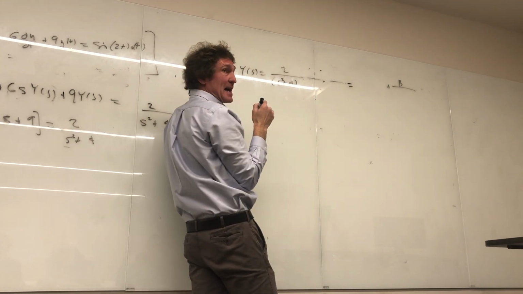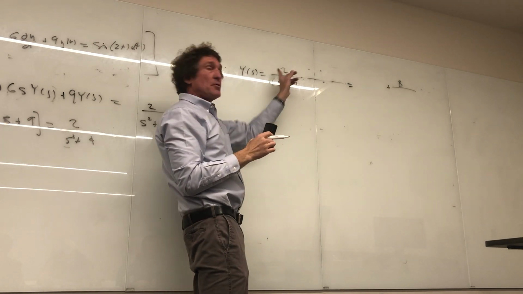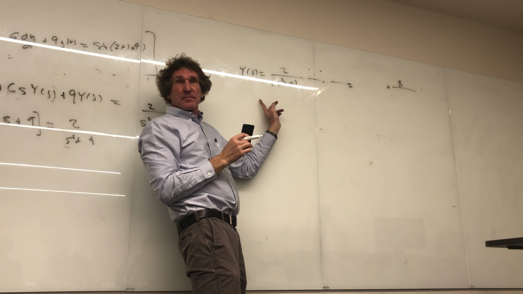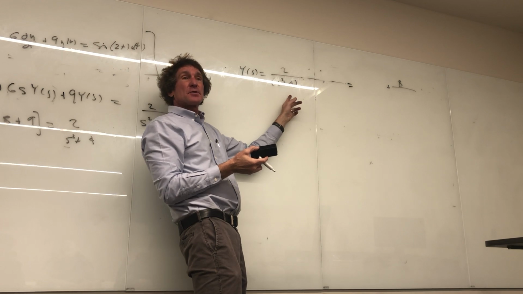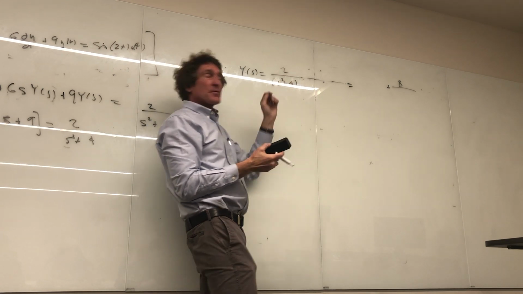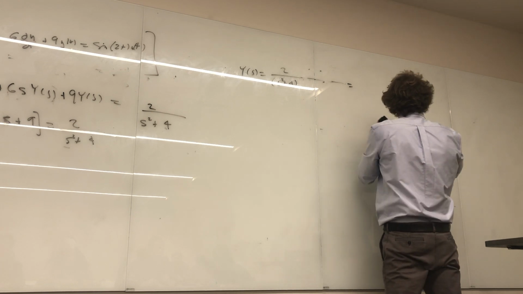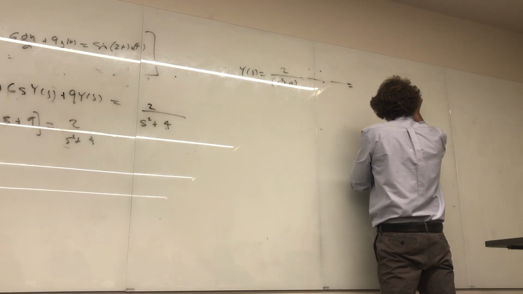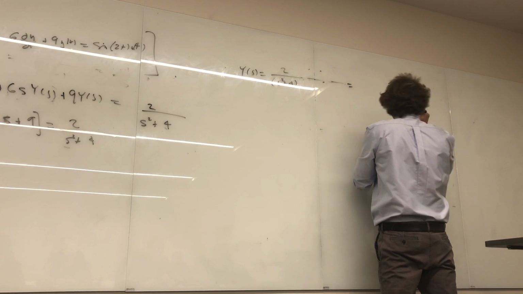Minus 3 squared is 9. 9 and 4 is 13, right? It would be 2 over 13. Just take s as minus 3 and square it. You get 9, 9 and 4 is 13. Then I have 2 over 13. So I can make b 2 over 13 over s plus 3 squared.